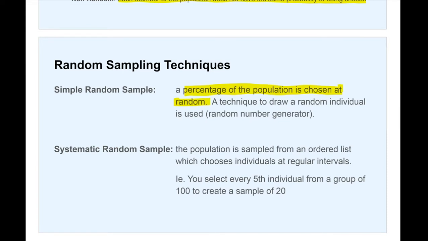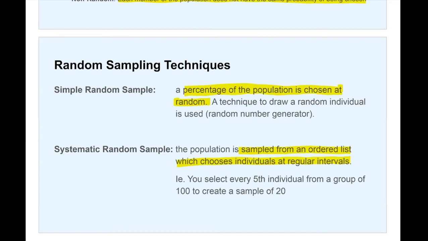For a systematic random sample, the population is sampled from an ordered list, which chooses individuals at regular intervals. So this would be, if I order them, maybe by age, or alphabetically, or by height, and I select every fifth individual from a group of 100 to create a sample of 20.